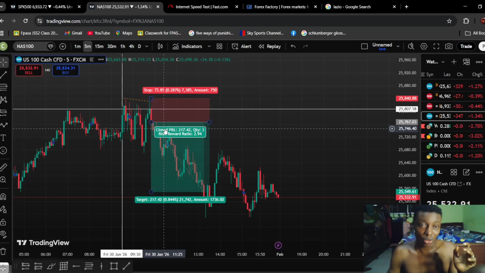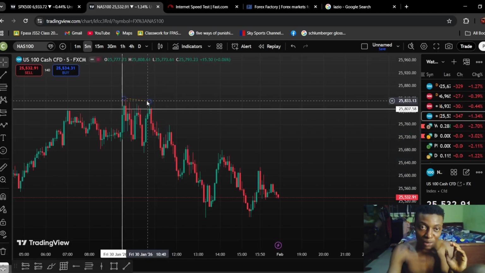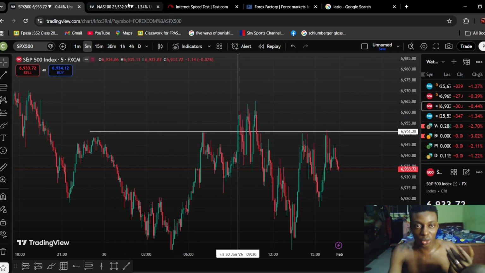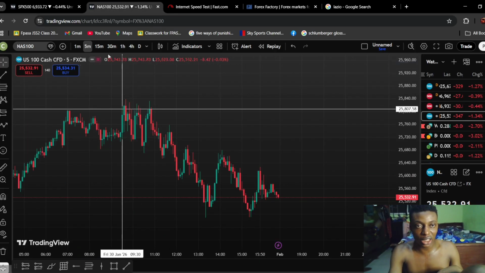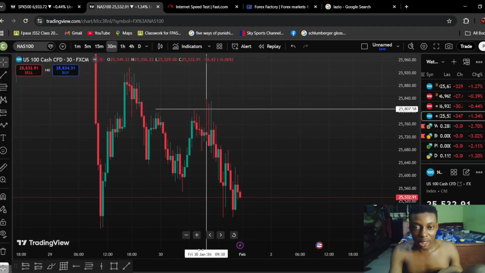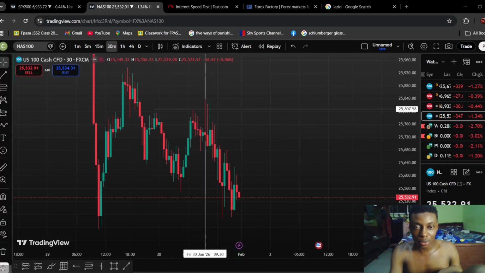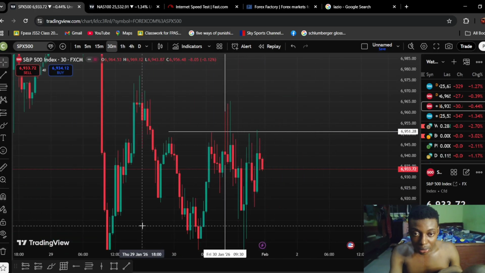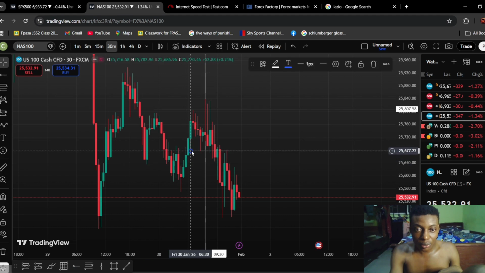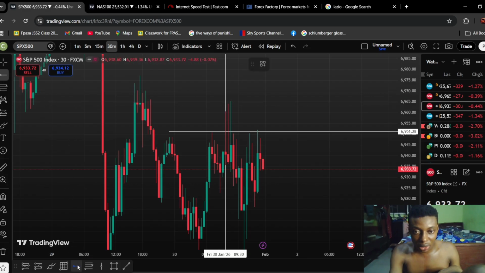Simple and short. So now in this same trade we formed a bullish SMT which you could also lose. So I'm still going to show you guys. Now on 30-minute time frame, before this dump, we ended up sweeping this low on Nasdaq and we didn't sweep it on SPS.